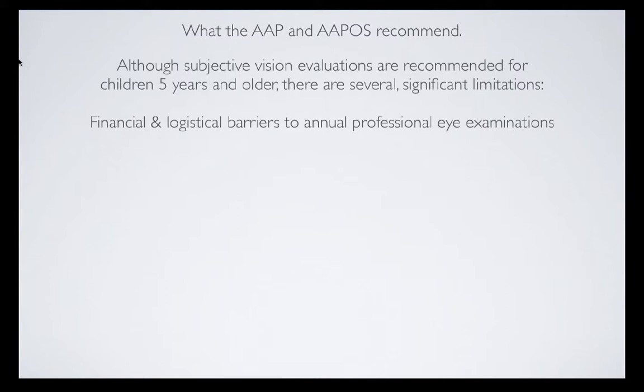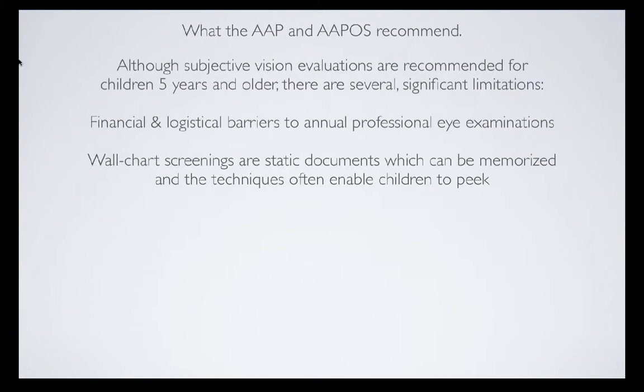And it is important because children's vision is dynamic. It can change. So if a child has good vision when they're in first grade, it doesn't mean that they have good vision when they're in fourth grade. Children need to have their vision screened every year.